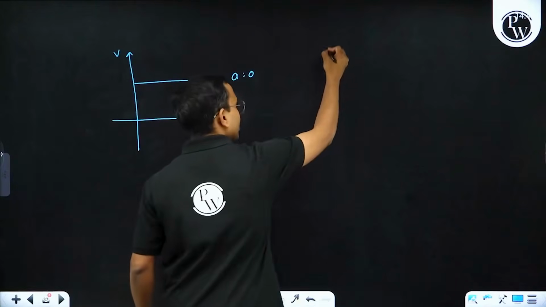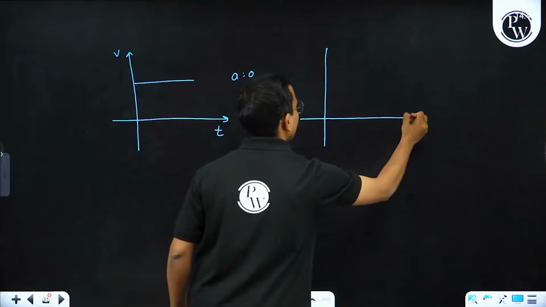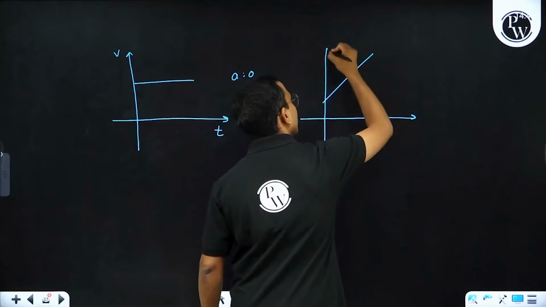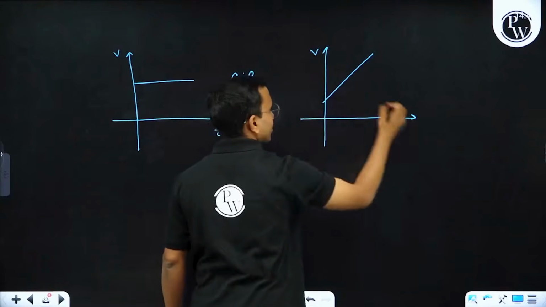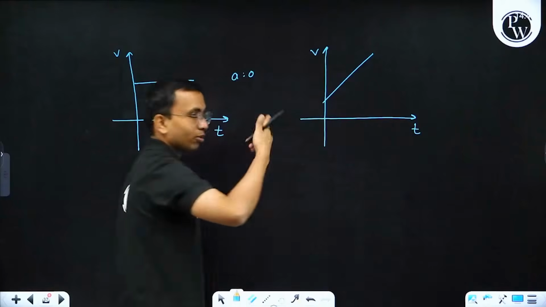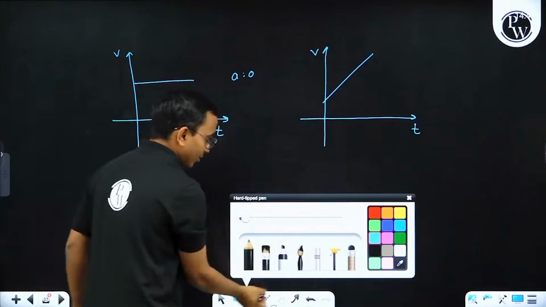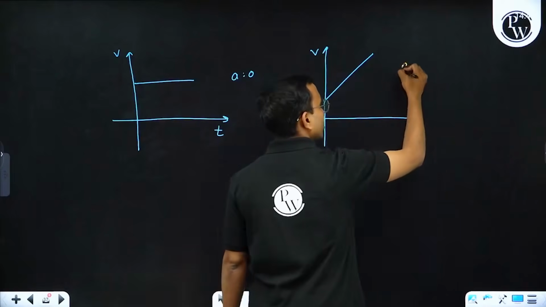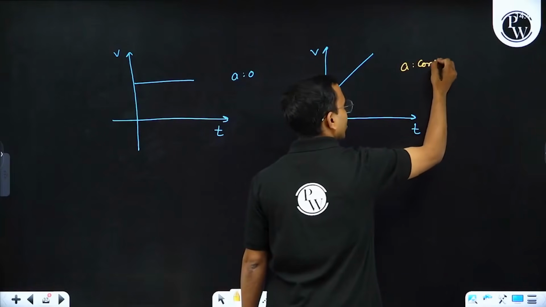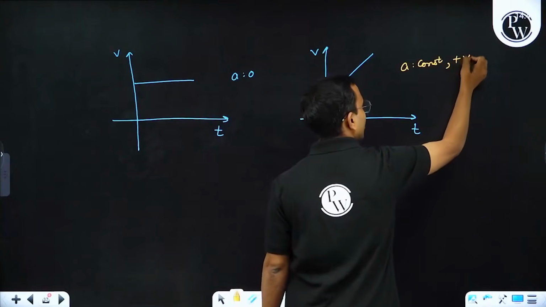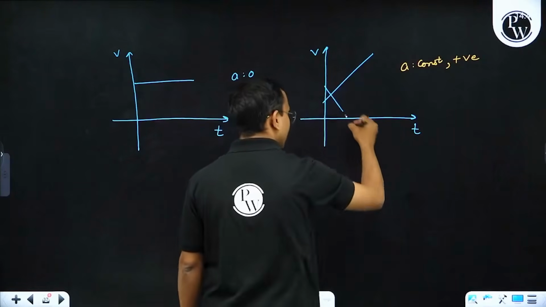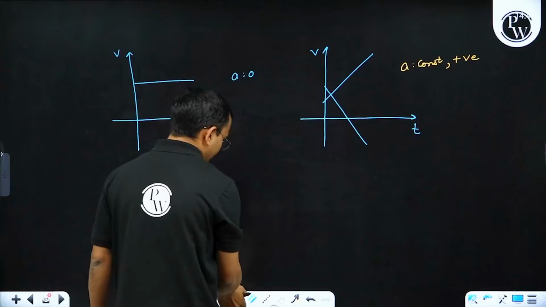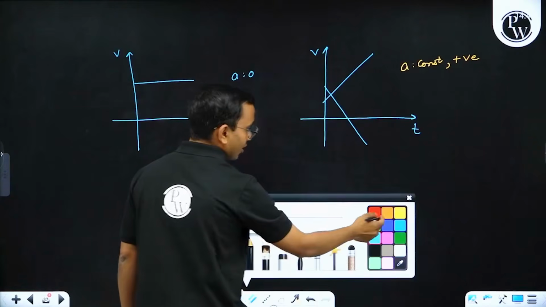If the velocity is like this, a straight line, you will say acceleration is constant because the slope is constant. So acceleration is constant here and the slope is positive, so it's constant positive. On the other side, if we take some curve like this, then we will say it is constant and negative.